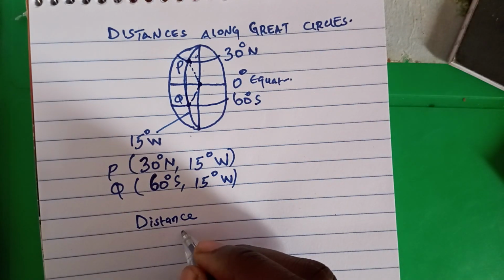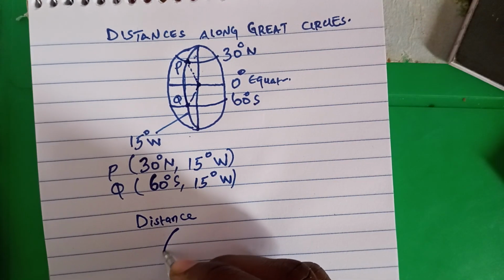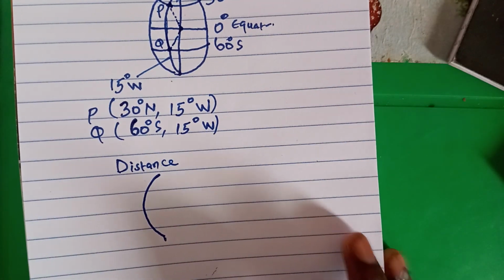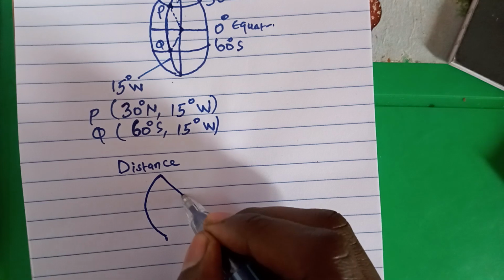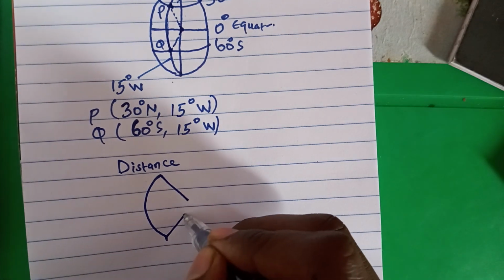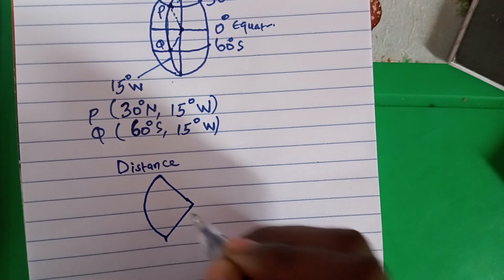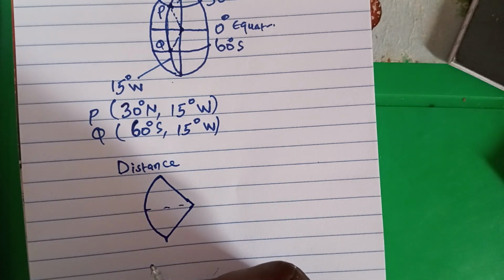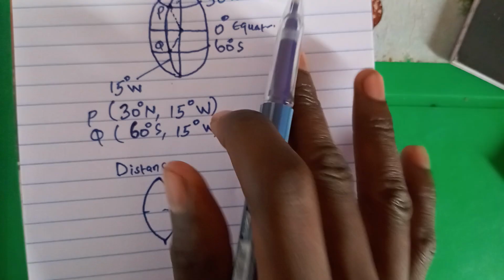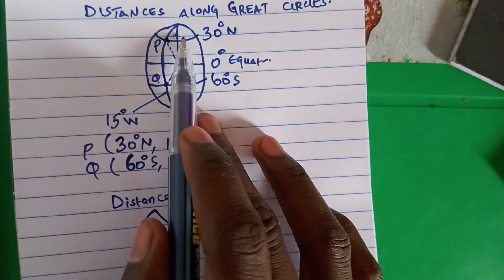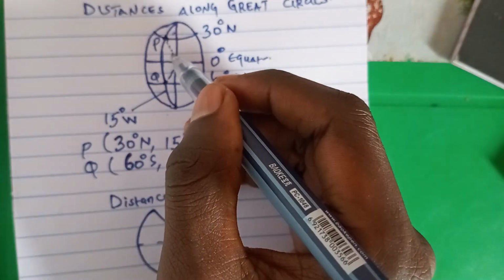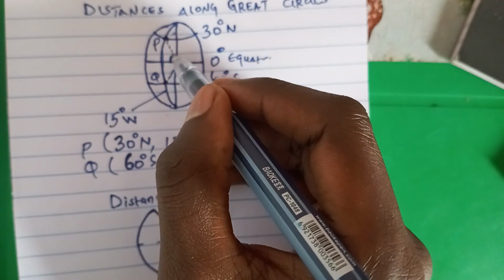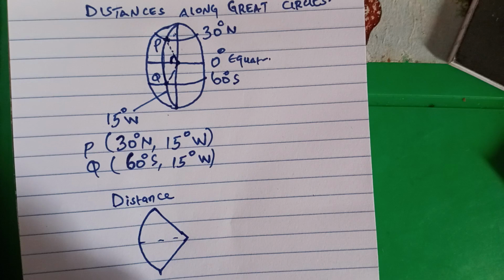So if that is the case, this is what we are going to have. Like this. And here we have the center where the prime meridian and the equator intersect. So you have to ask yourself, if this point up here is 30 degrees north, then this particular angle from the equator up to this point will be 30 degrees.